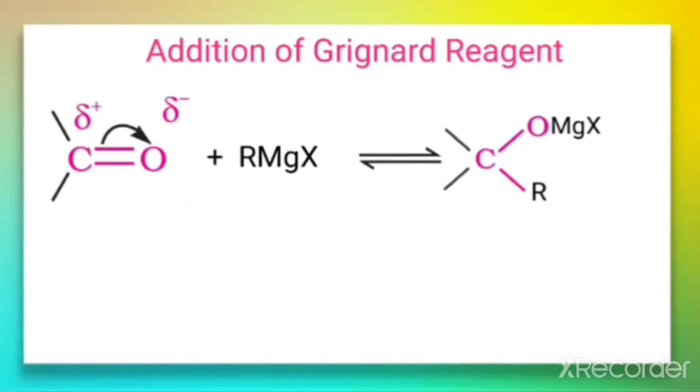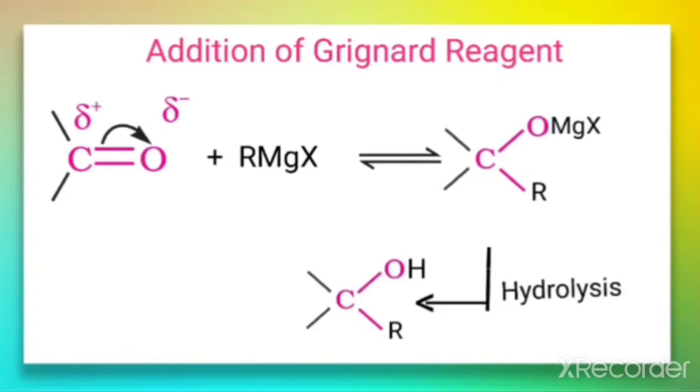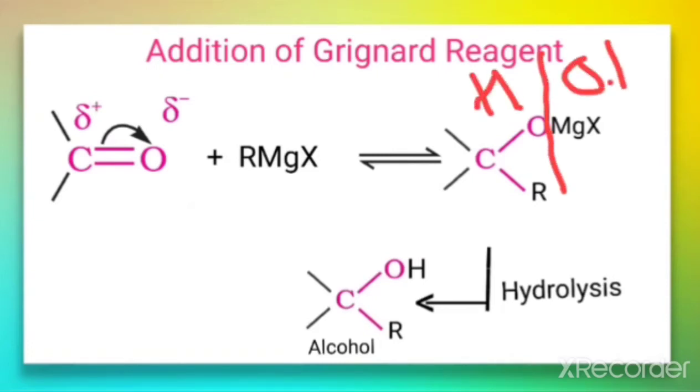Now hydrolysis takes place, which results in the formation of a product called alcohol. How do we do the hydrolysis of this? We have already learned this equation during the preparation of alcohol. Hydrolysis means you just need to break this bond, keep one H on one side and OH on the other side. That is water hydrolysis. So what do we get in the product?